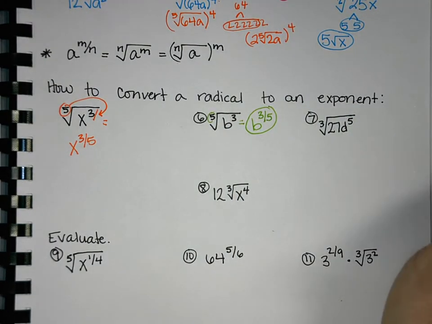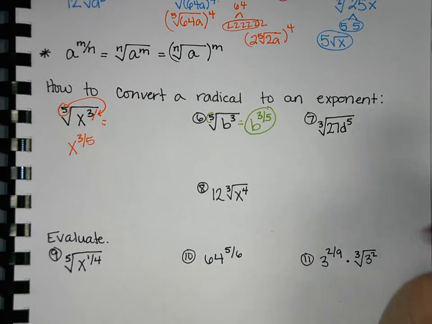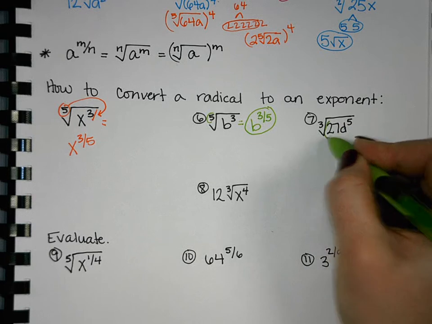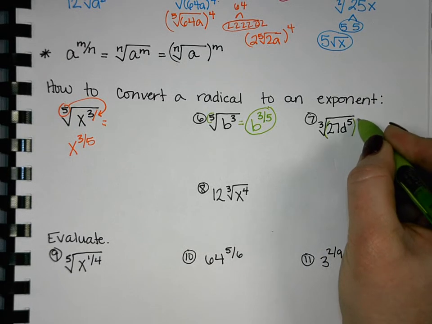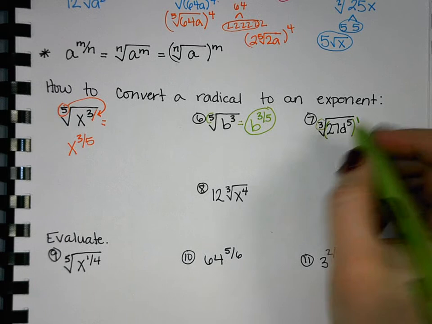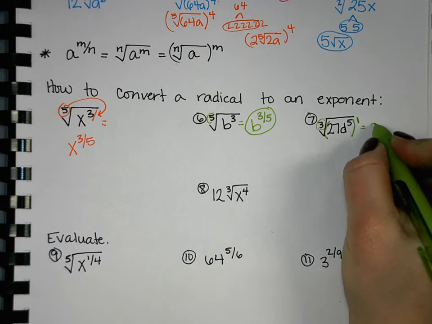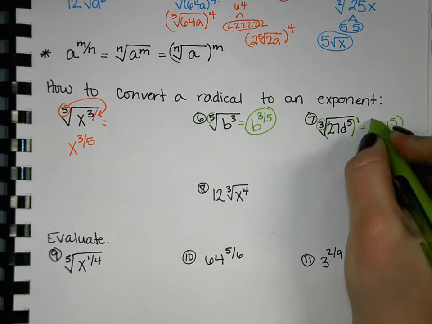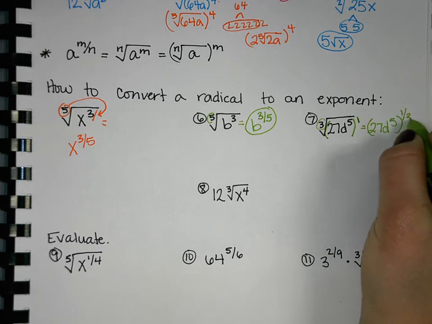When we look at number 7, we have to think of this 27d to the 5th. All of it's in the radical with a 1 outside. So when we go to put this 3 into the denominator, it has to go to the denominator of 1.